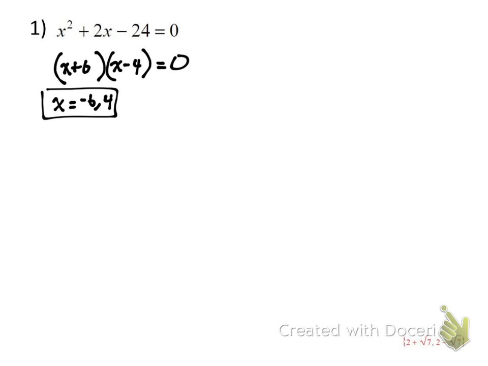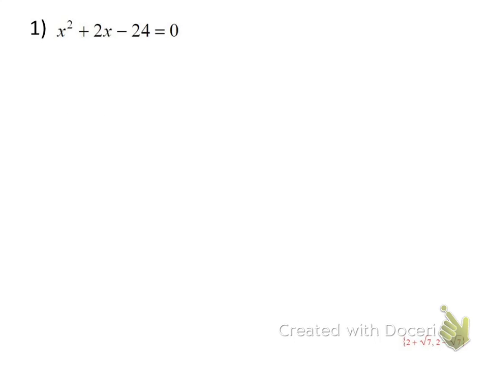I used this example because I wanted to show you the steps with an easy example. Okay? But this is how we do it. Step 1, move all the constant terms to the opposite side of the variable. So we have x squared and we have x. Those are variable terms. Negative 24 is a constant term.